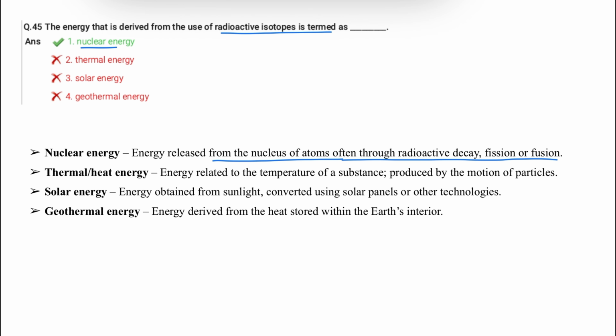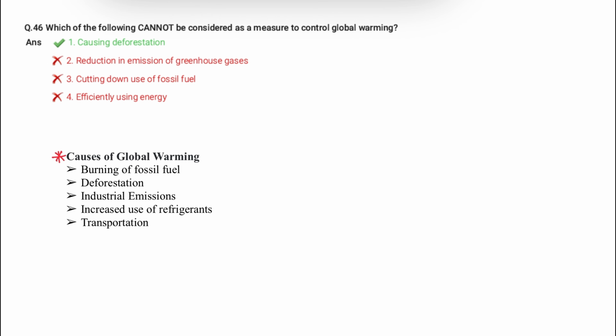Thermal energy or heat energy is related to the temperature of a substance. Solar energy is obtained from the sunlight. Geothermal energy is energy derived from the heat stored within the Earth's interior. Correct answer option 1. Next question.